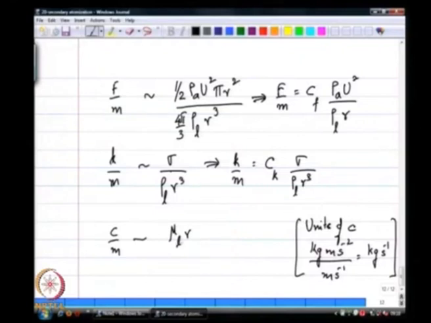So, mu L times r has the same units as C, divided by our rho L r cubed. So, from here I can write C by m as some C mu times nu L over r squared.